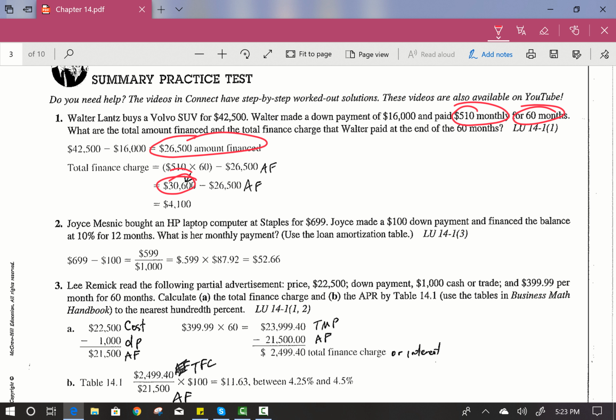The total of all your monthly payments of $510 a month times 60 months gives you $30,600. Then subtract out the amount financed of $26,500, and that will give you the total finance charge of $4,100.